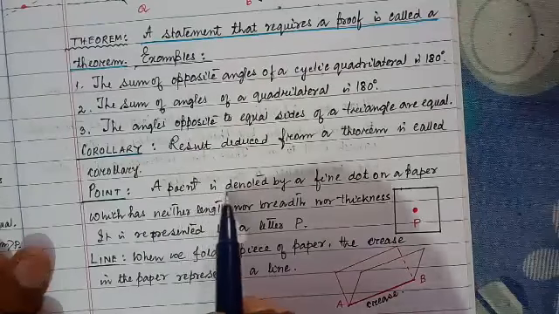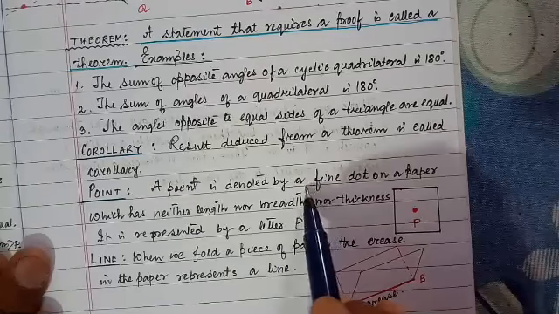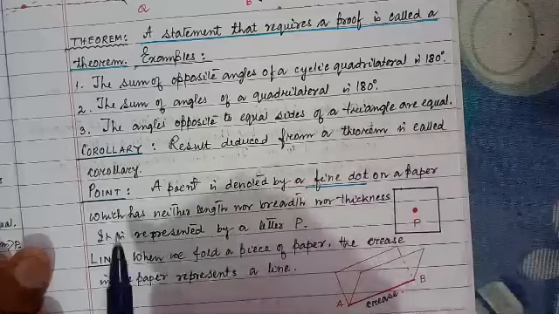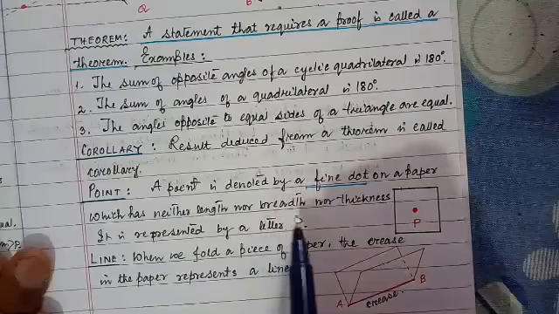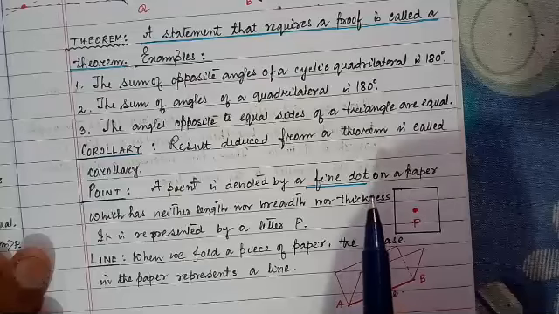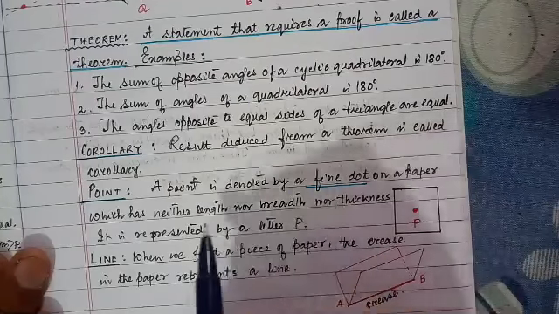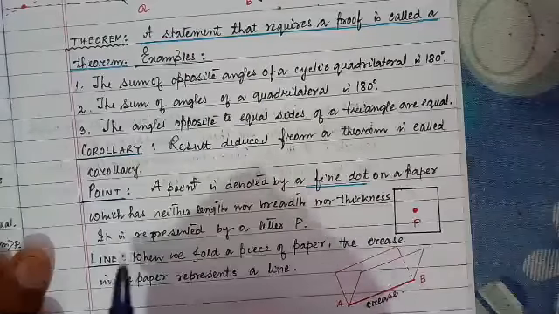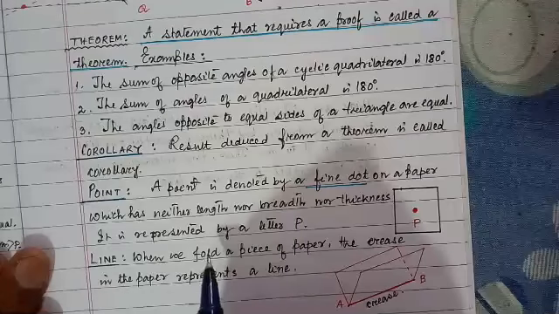A point is denoted by a fine dot on a paper which has neither length nor breadth nor thickness. That is a point. It does not have any length, breadth, or thickness. It is represented by a letter P.